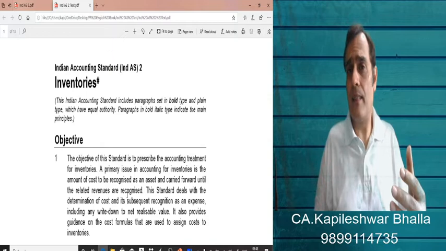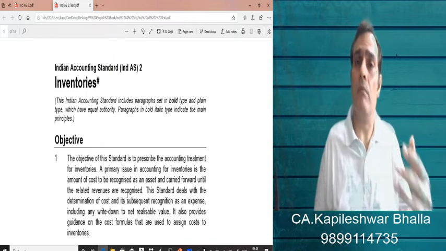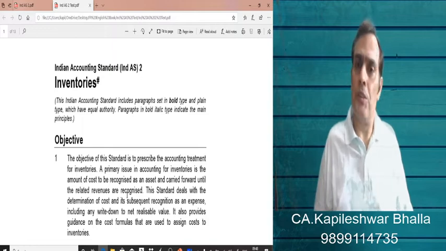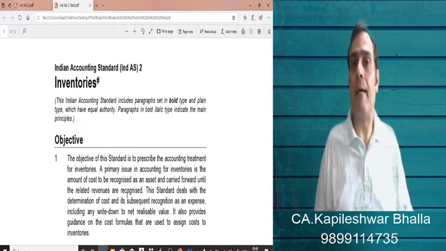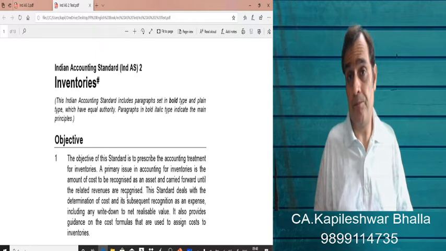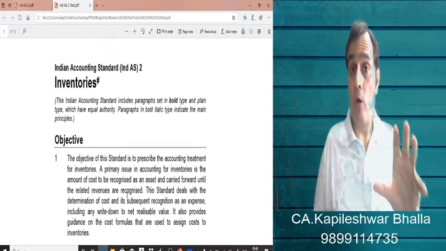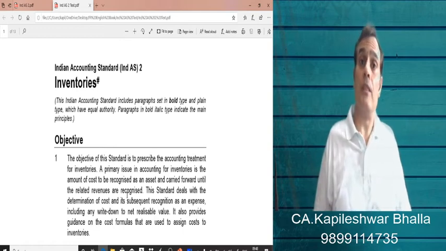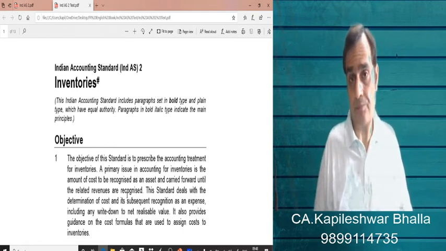And then there is another category of cost which may or may not form part of the inventory, and that is borrowing cost, which is totally dependent upon the application of Ind AS 23, whether the inventory is a qualifying asset or not. If it is, then the borrowing cost is included, otherwise not.